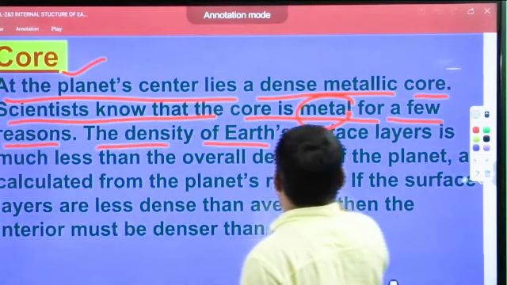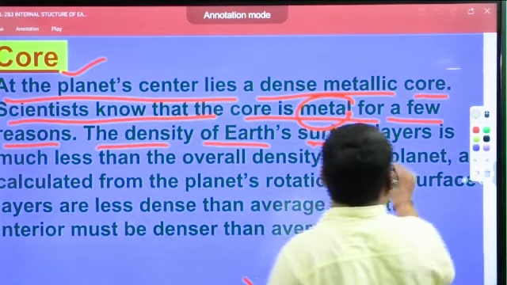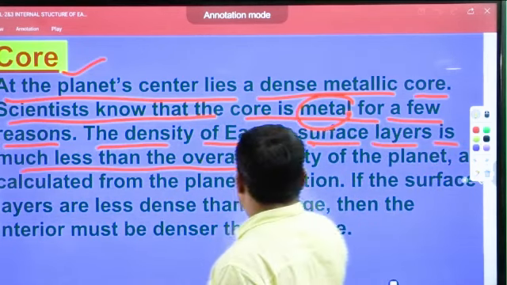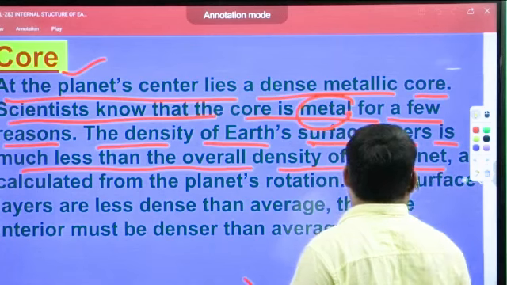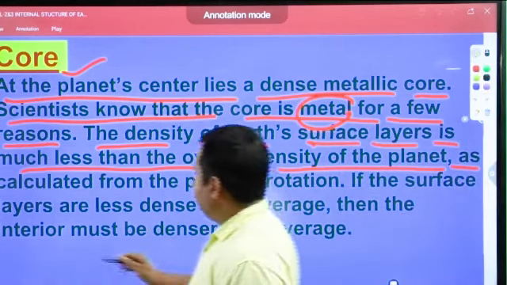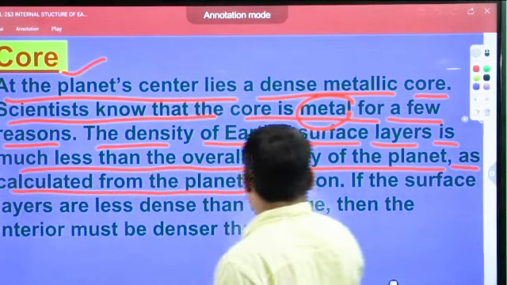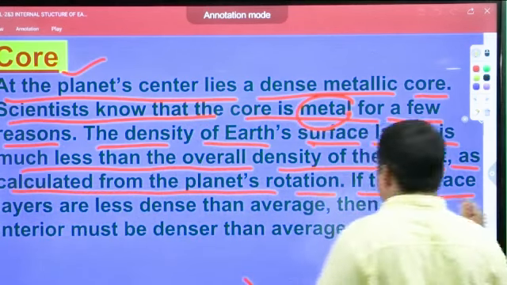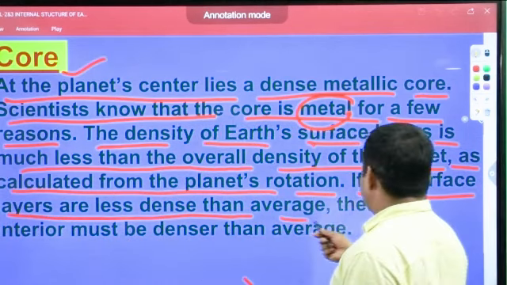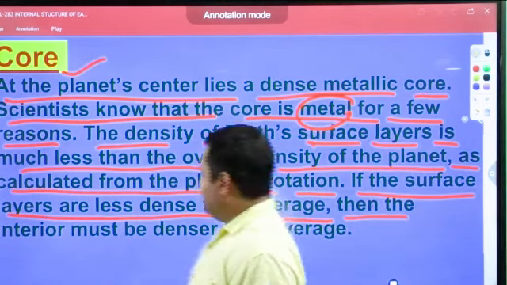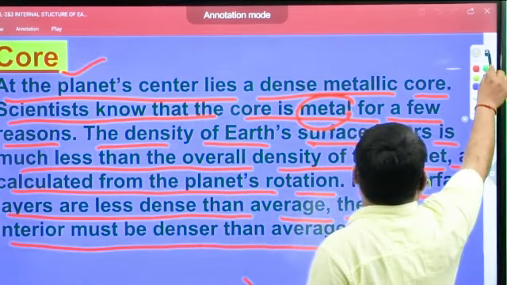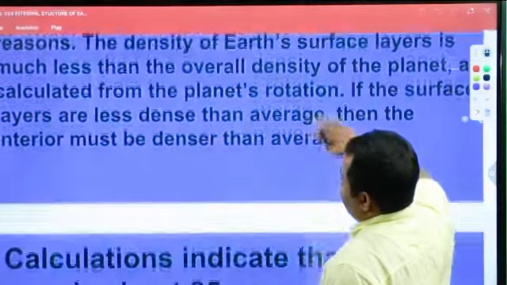The density of the Earth's surface layers is much less than the overall density of the planet, as calculated from the planet's rotation. If the surface layers are less dense than the average, then the interior must be denser than the average, right?